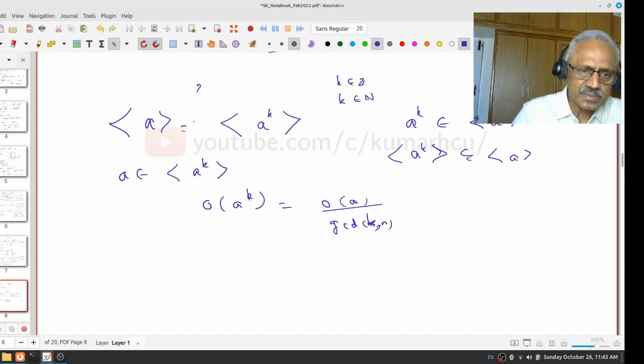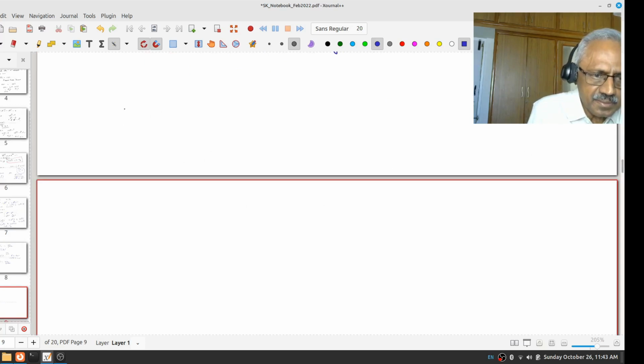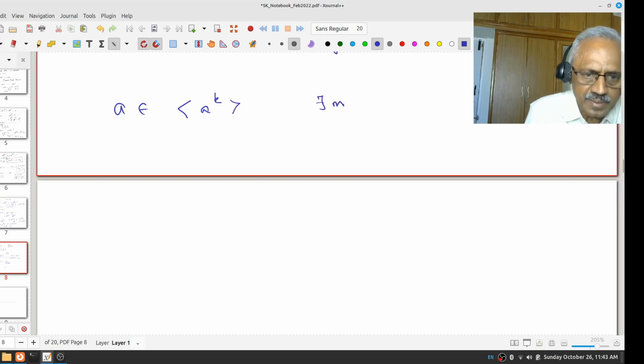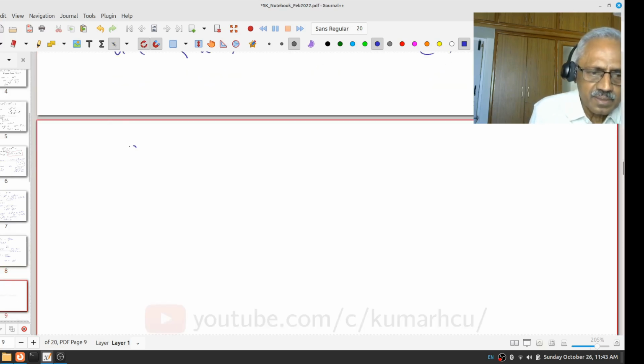Now let us see. Since a belongs to this, what does that mean? That means there exists an m such that a to the power km is a. That means a to the power 1 minus km is identity.